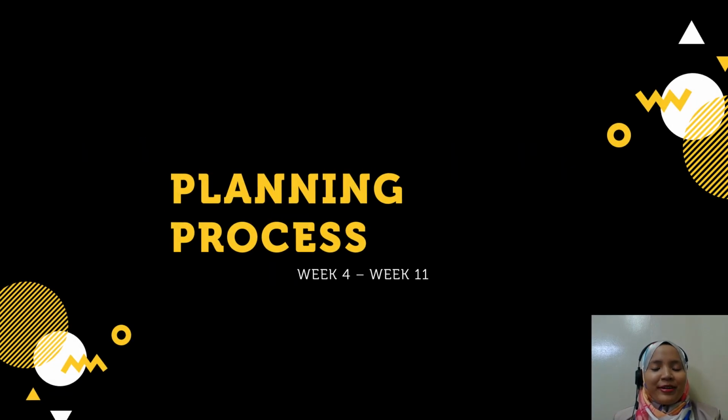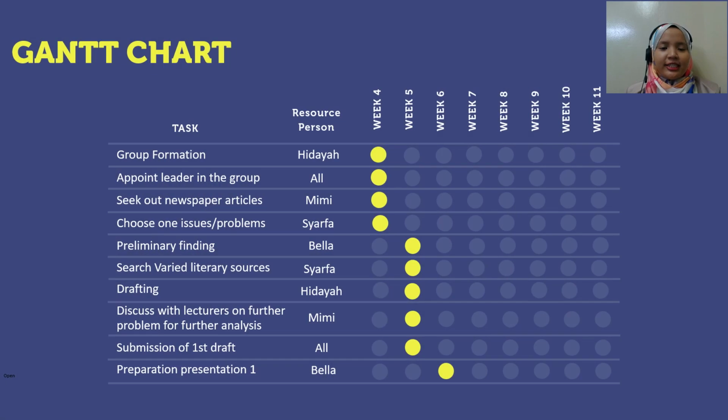I am going to explain our planning process from week 4 until week 11. This is our Gantt chart where we have a list of tasks. As you can see, we have resource persons, which consist of the four of us, and it starts from week 4 until week 11, but in this slide it's only from week 4 until week 6.